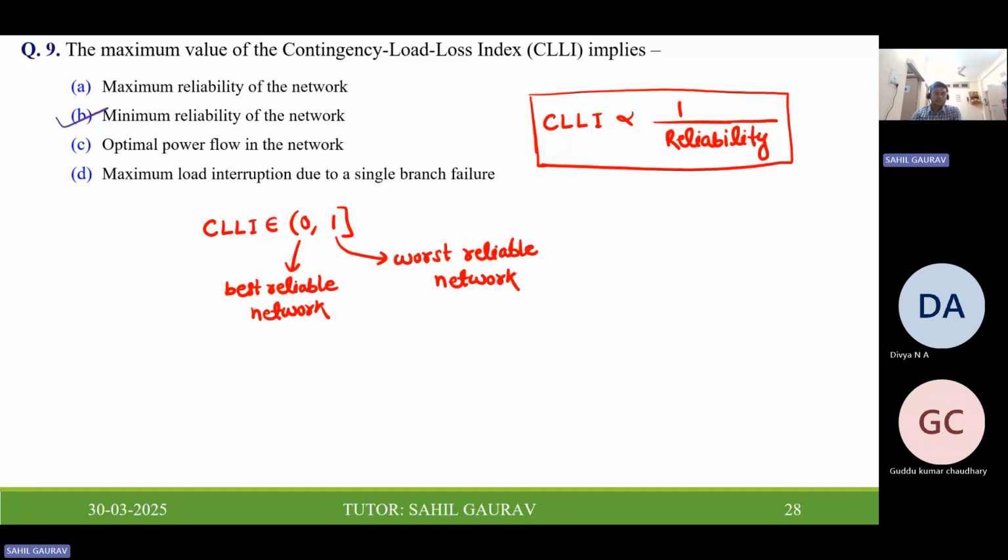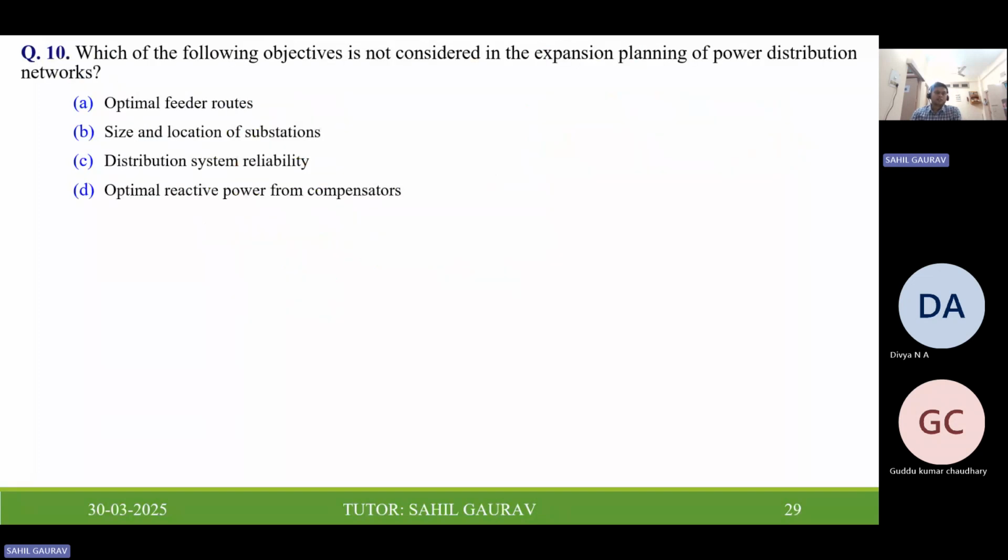Now let us see the 10th problem. Which of the following objectives is not considered in the expansion planning of power distribution networks? The options are: A, optimal feeder routes; B, size and location of substation; C, distribution system reliability; D, optimal reactive power from the compensators.